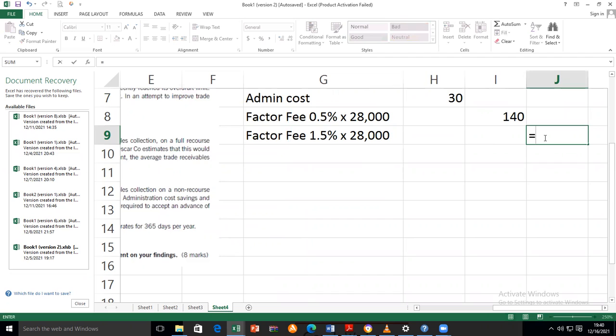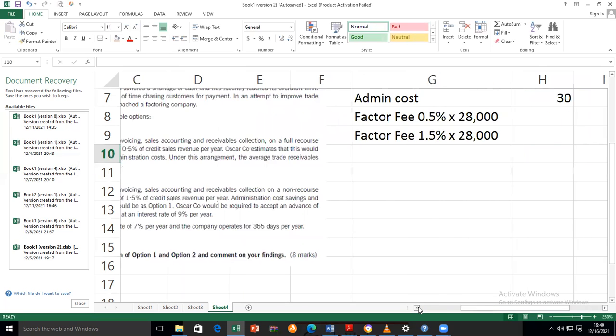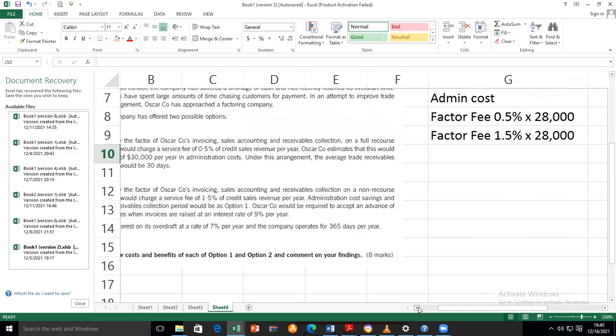So you go equals 28 by 0.0015. So that is how much it is going to charge. Why? Because it's taking over bad debts too.